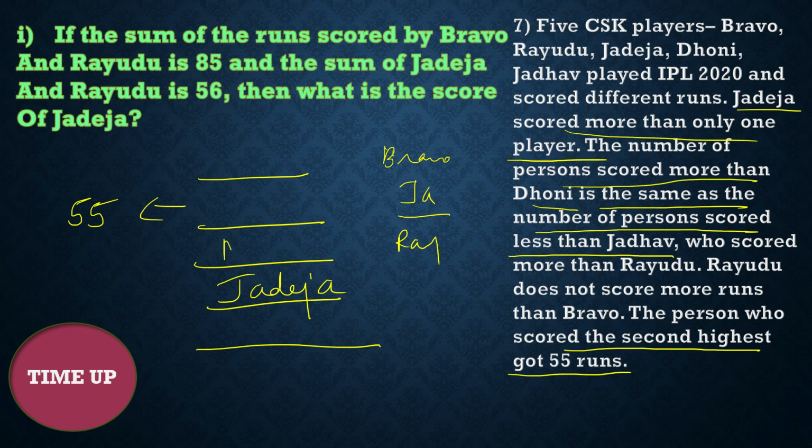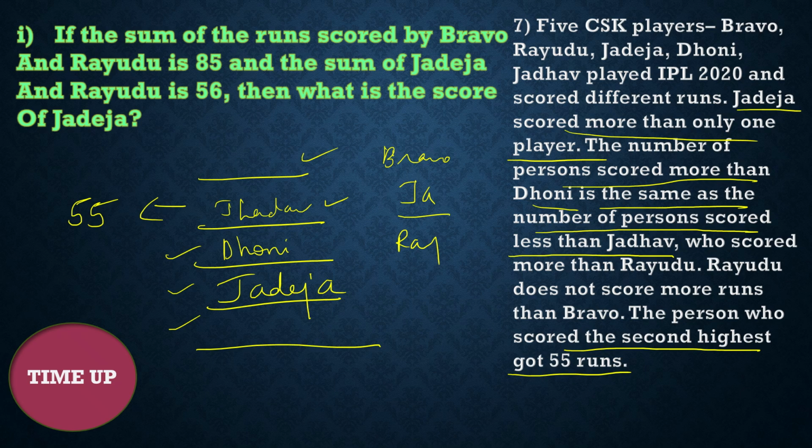If I place Dhoni here and Jadhav here, suppose, then the number of people who scored more than Dhoni will be 2 and the number of people who scored less than Jadhav will be 3, but we want equal numbers. The persons who have scored more than Dhoni should be equal to the number of persons who have scored less than Jadhav.